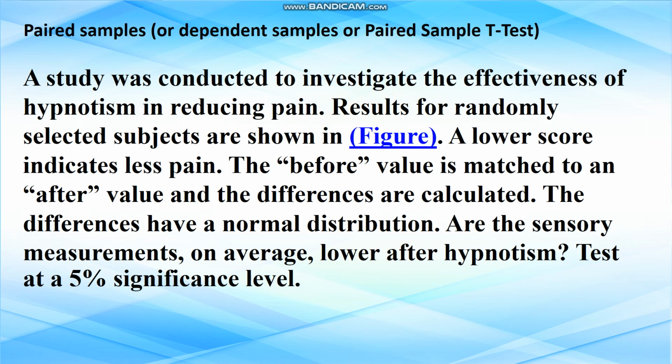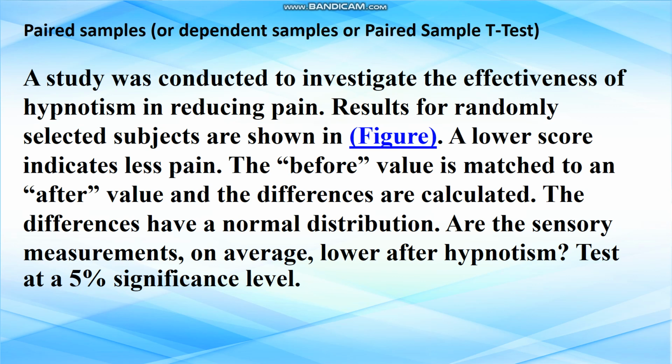So a study was conducted to investigate the effectiveness of hypnotism in reducing pain. Results for randomly selected subjects. A lower score indicates less pain. Just underline it: a lower score indicates less pain.